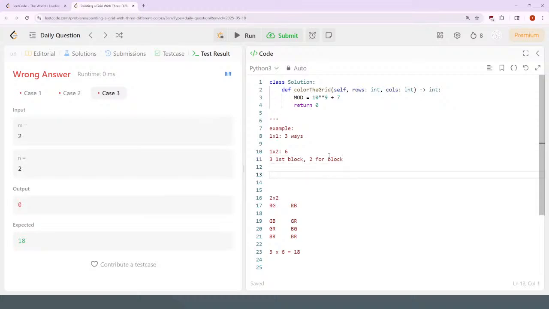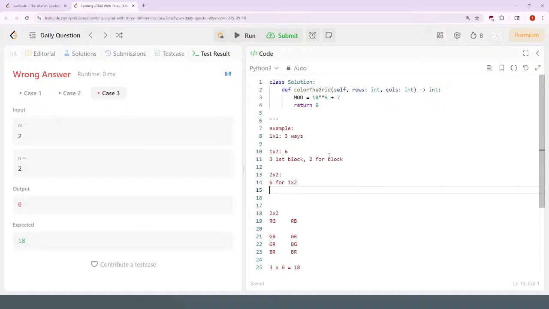Okay, and then 1 by 2 versus 2 by 1 is going to be the same. And then 2 by 2, somehow that became 18. So there's 6 for the 1 by 2, right?